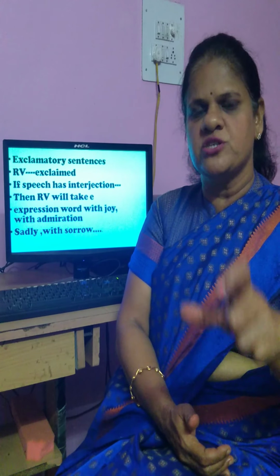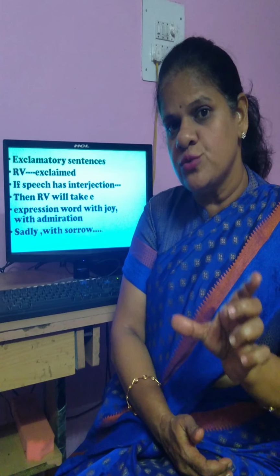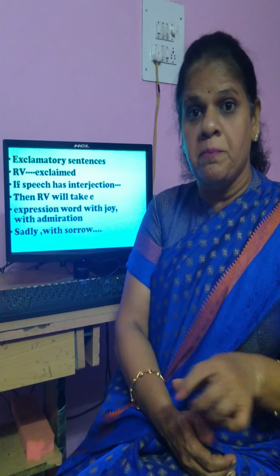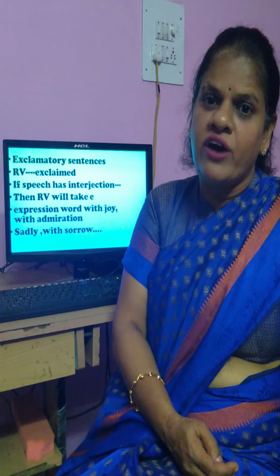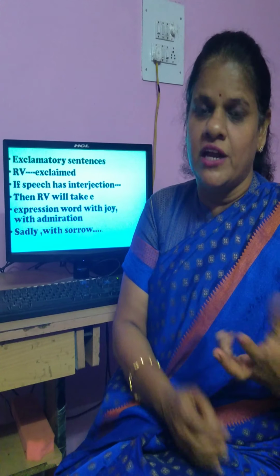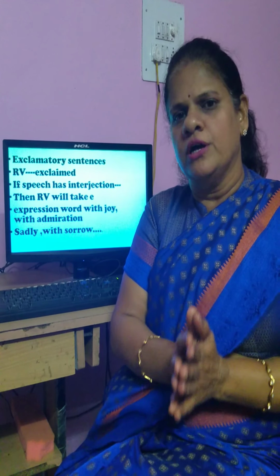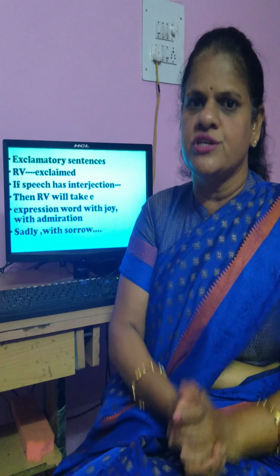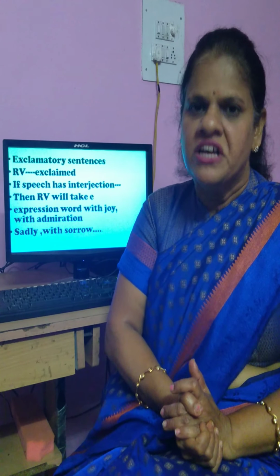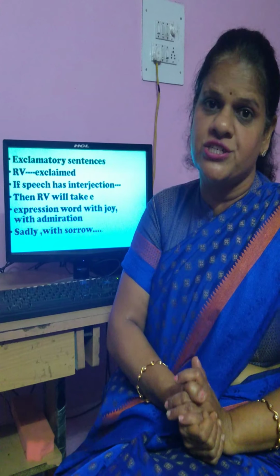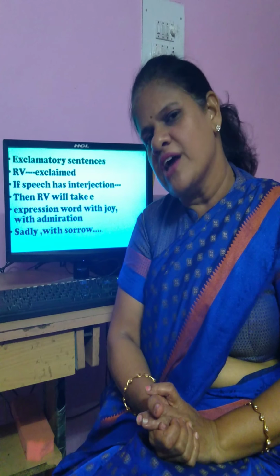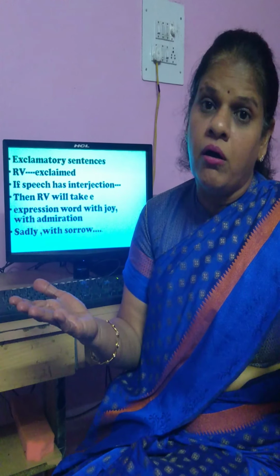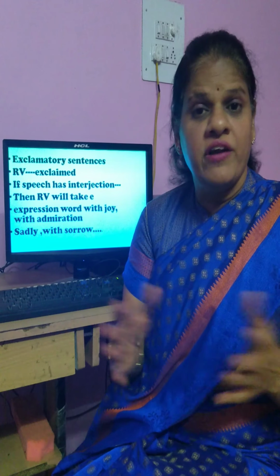So these expression words can be added if interjections are used, like alas, and the same way, bravo. Bravo, you have won it, right? If you say that, it is admiration. So the coach said, bravo, you have won. When the coach is admiring or praising you in that way with an interjection, bravo, then you can add the expression word admiration, with awe, or with admiration, or admiringly.